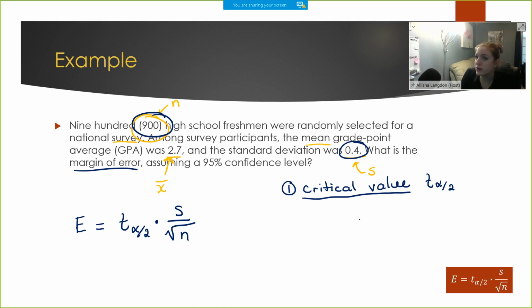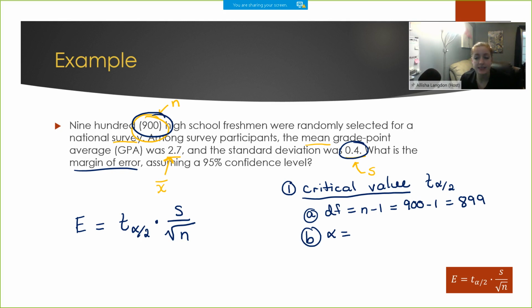So to find the critical value, we need to first find your degrees of freedom. What's our degrees of freedom here? Anybody know? Great. Yep, it's N minus 1. So our N is 900. So it's 900 minus 1, which is 899. And then what we need next is our alpha. What's our alpha? It depends on our confidence level.